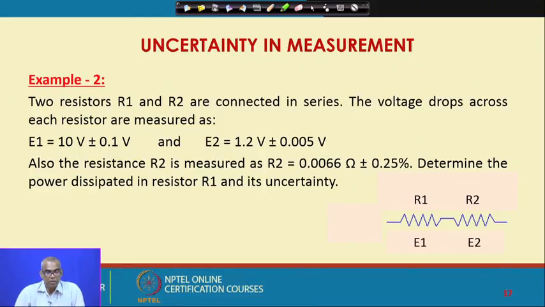Determine the power dissipated in resistor R1 and its uncertainty. So, two resistors are connected in series as shown in the figure. The voltage drop across each resistor are measured and individual uncertainties are specified. The resistance R2 is also known and the uncertainty in it is also specified. We have to determine the power dissipated in the resistor R1 and its uncertainty.